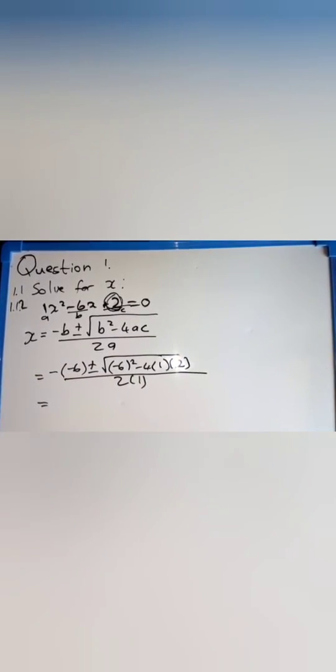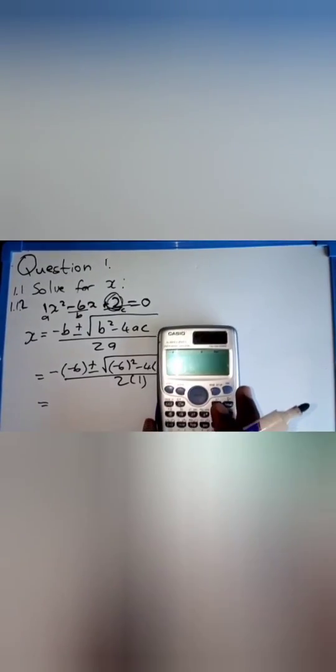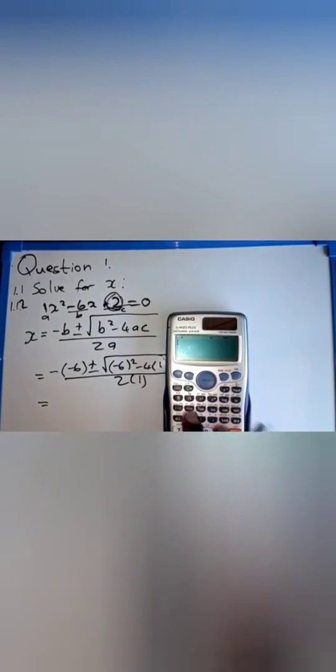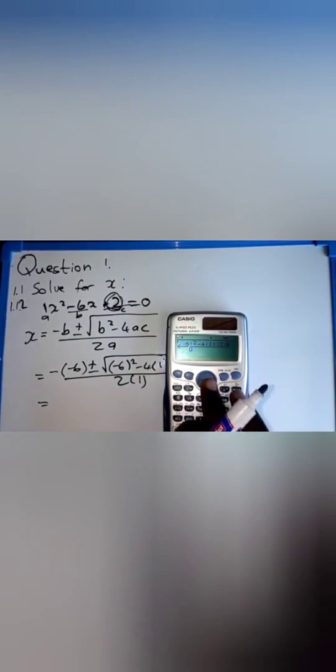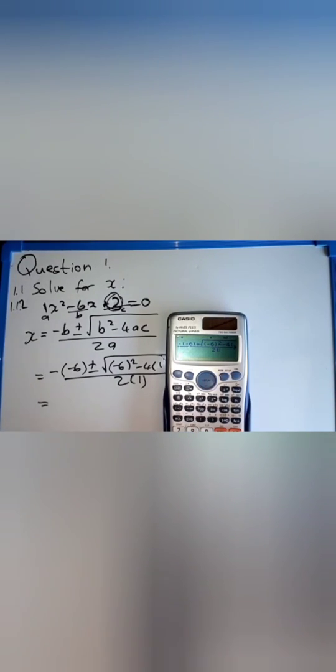So solving this in a calculator, you have negative 6 plus square root negative 6 squared minus 4, my a is 1, c is 2 divided by 2, and my a is 1. Equal, this gives me what? X is equals to 5,645.